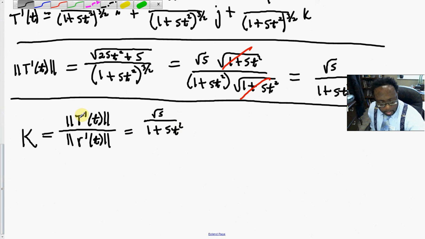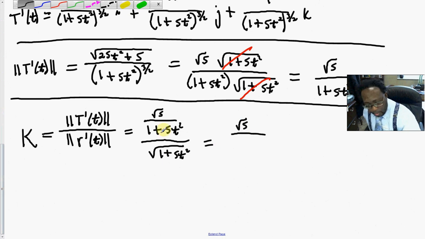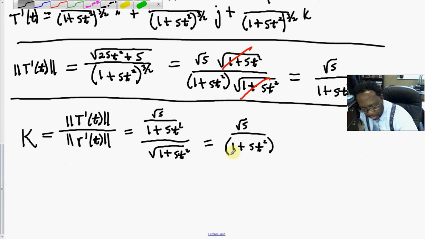That was the norm of T prime. Then the norm of r prime was the square root of 1 plus 5t squared. So that just gives us the square root of 5 all over the two denominators multiplied to each other. And so that is just 1 plus 5t squared raised to the 3/2 power.